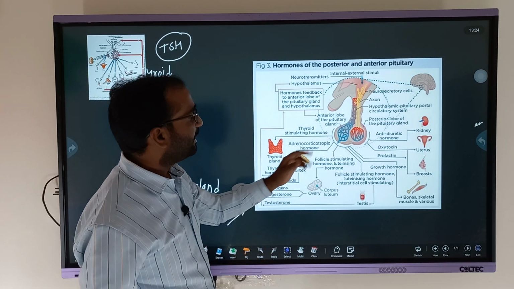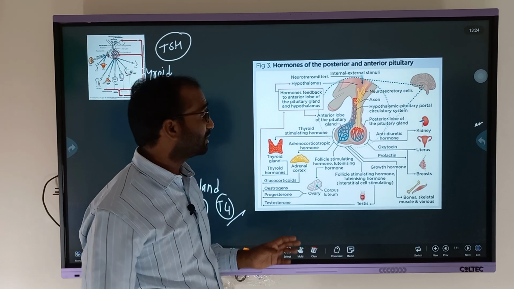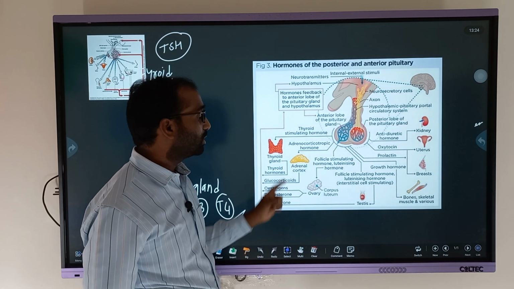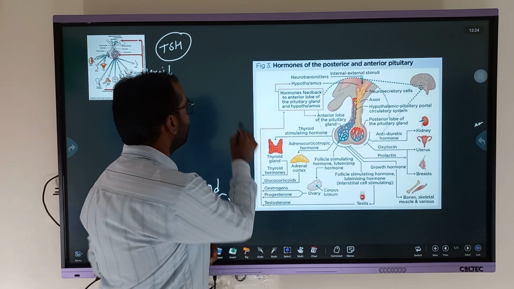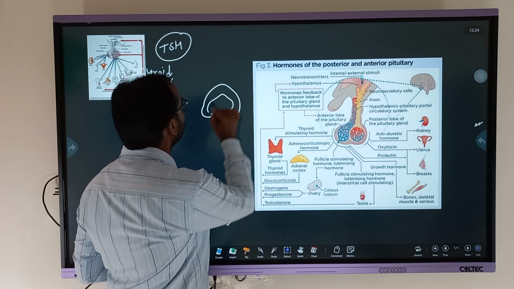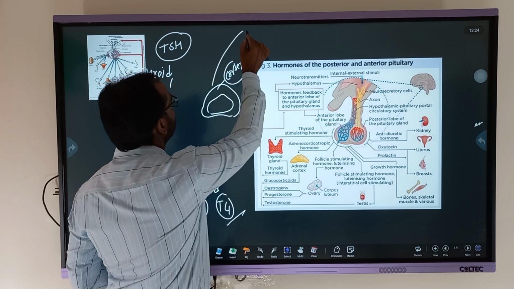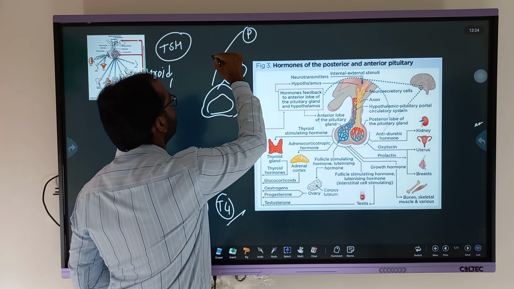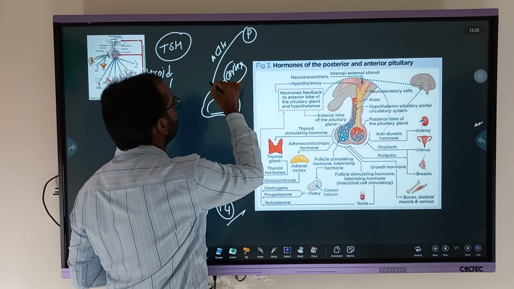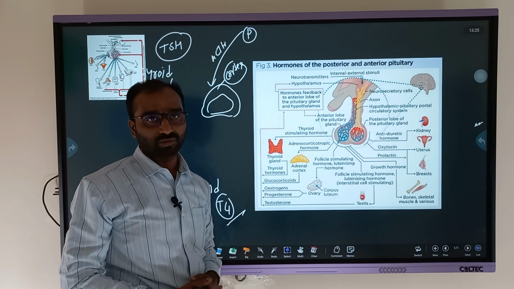The next one is ACTH, adrenocorticotropic hormone. The cortex part of the adrenal gland is stimulated. From the pituitary, this ACTH hormone stimulates the cortex region to release various hormones.